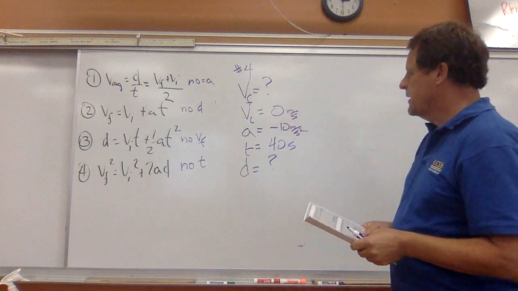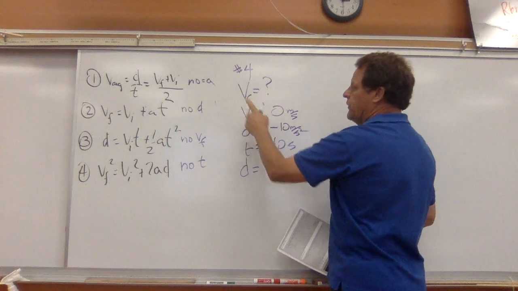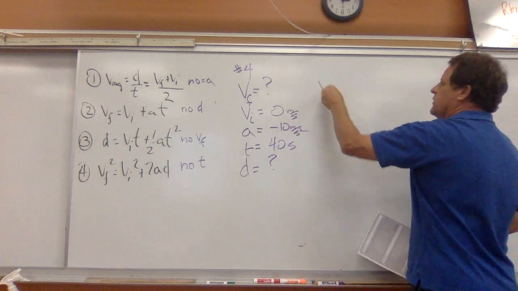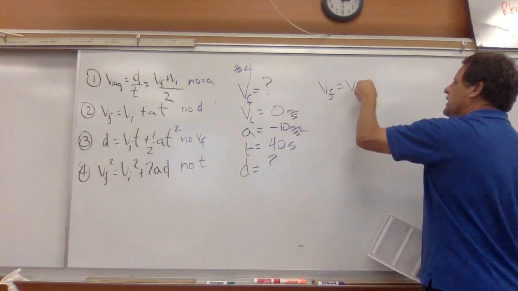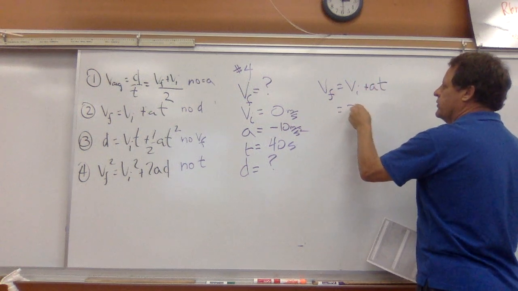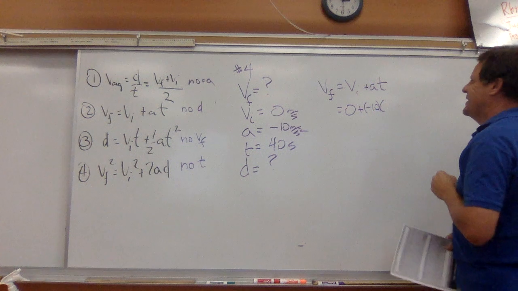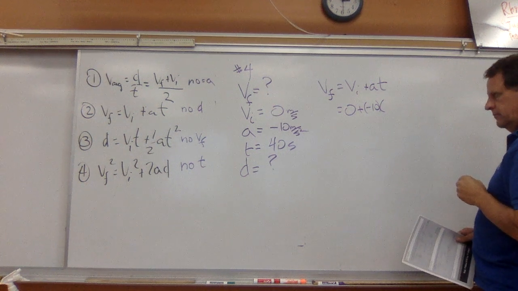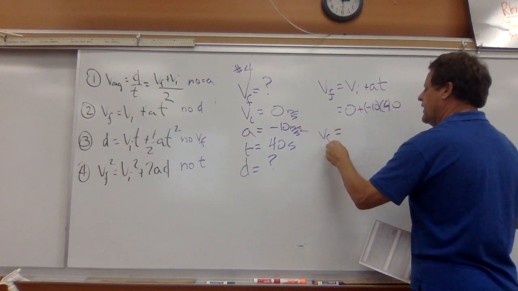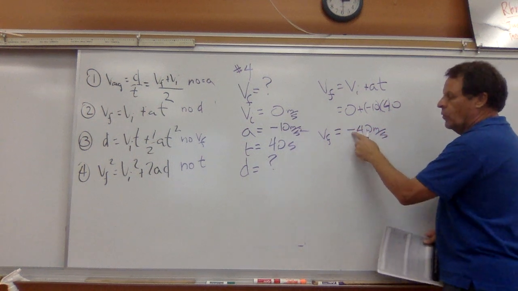If we look at equation number 2, we don't know V final, but we do know V initial, the acceleration, and the time, so we can use that equation. V final is equal to V initial plus AT. So this is going to be 0 plus negative 10 times 4. So V final is going to equal negative 40 meters per second. Now, what does that mean?